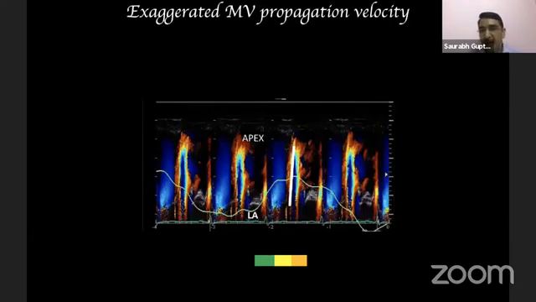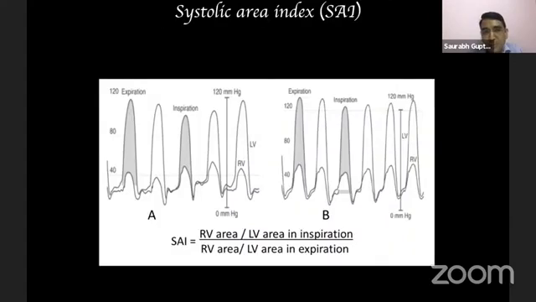Now the same thing is seen in mitral valve propagation velocity. If you see, this again will increase during expiration because the flow across the mitral valve will increase during expiration, and the reverse will happen during inspiration.